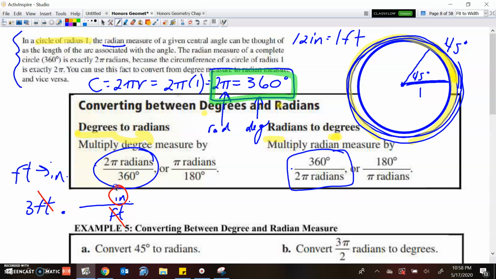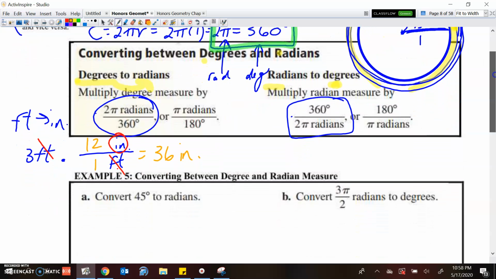So I'm just left with inches. So when I do conversions, my numerator and denominator have to be the same unit so that they cancel and eliminate. Okay, so then I just fill in the values. There's 12 inches for every 1 foot, multiply straight across, and we get the answer that we already know, 36 inches. Okay, so we're going to keep that same process in mind whenever we go to convert.